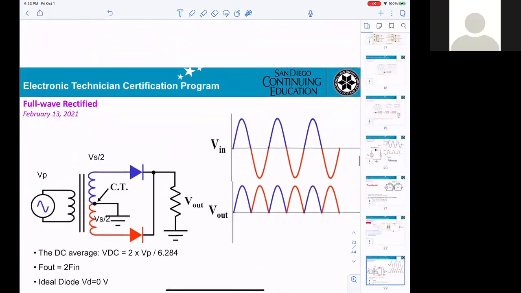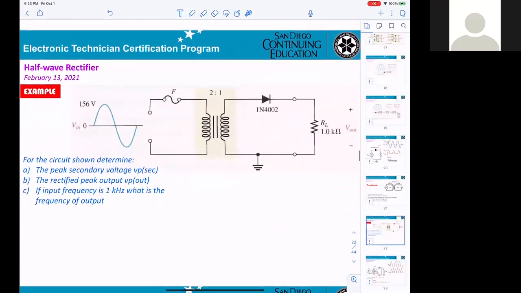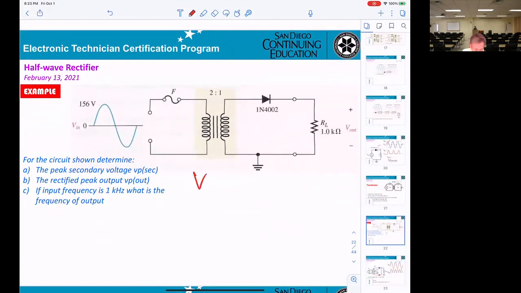Hey, Mr. Pham, I hate to, because I know you don't want to go over stuff too much, but only on this one, the peak secondary voltage, this would be like 78 volts, correct? 156 divided by 2, yeah, on the secondary side. And then the output would be minus 0.7. Now V out peak will be equal.